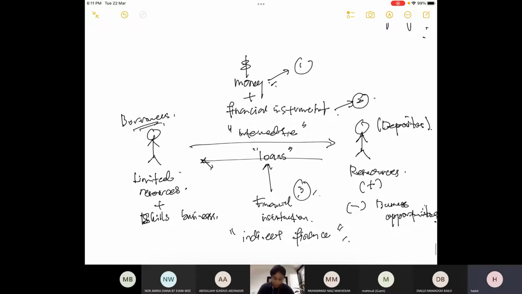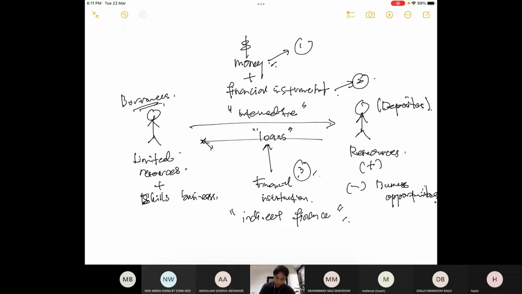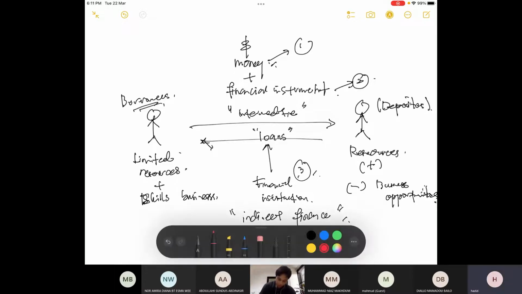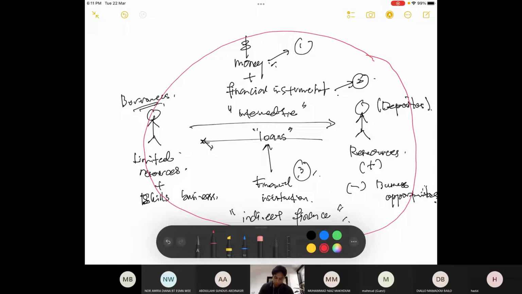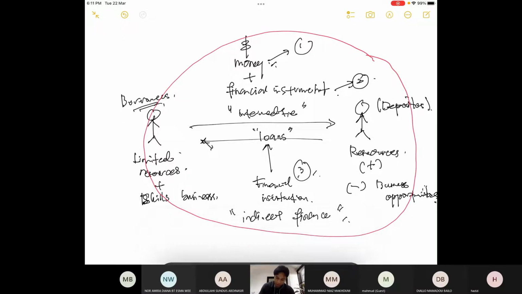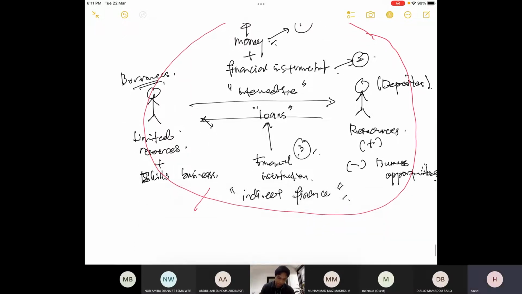And then you have what we call the financial market, where all this financial and lending activity will take place, right?